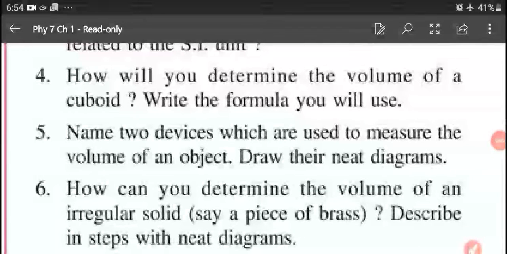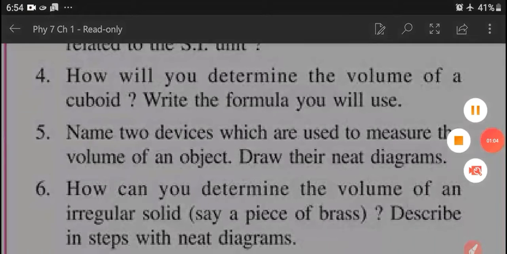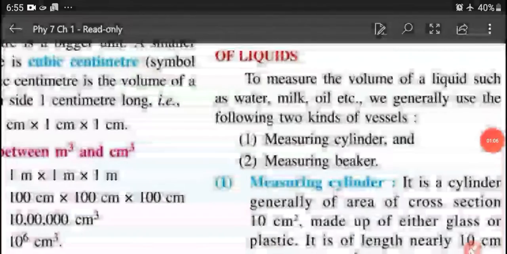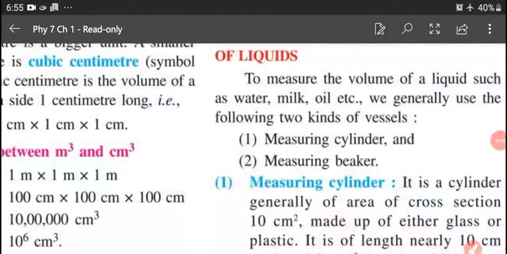Fifth question. Name two devices which are used to measure the volume of an object. Draw their neat diagrams. Please take out page number 3 and mark it.